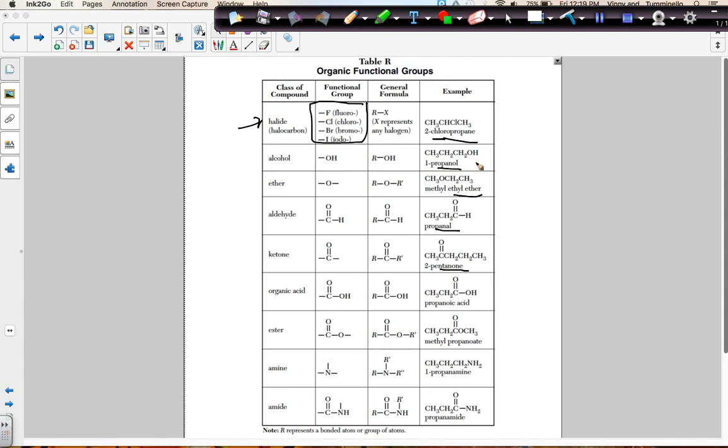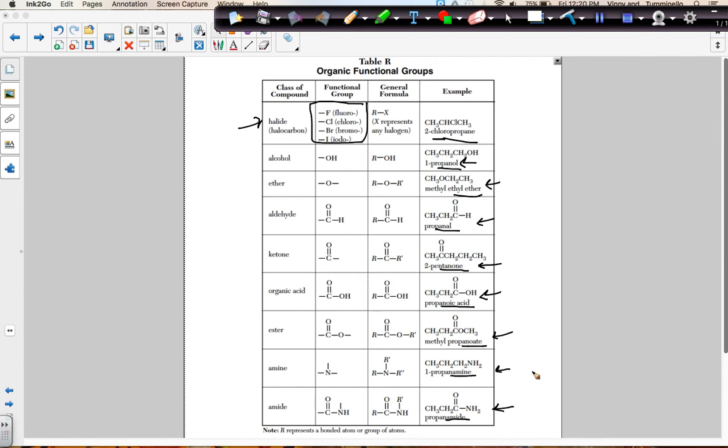Anytime we end in ANOL, it's an alcohol. The word ether tells us it's an ether. ANAL means aldehyde. ONE means ketone. Anoic acid means organic acid. Anoate means ester. Amine tells us that it's an amine. Amide tells us that it's an amide.